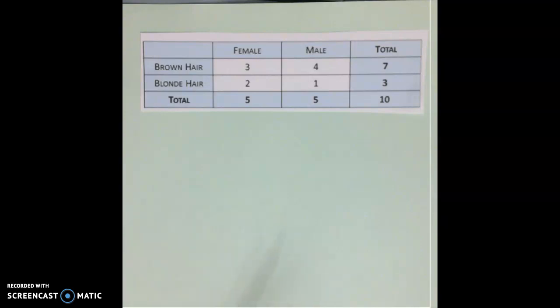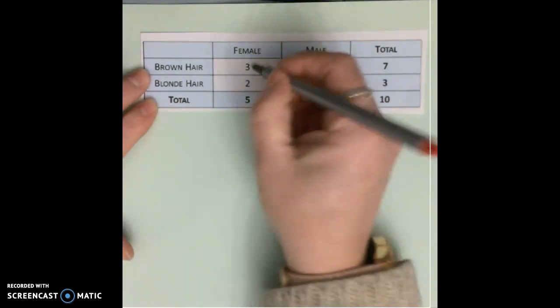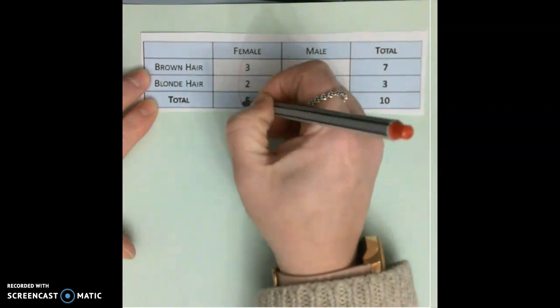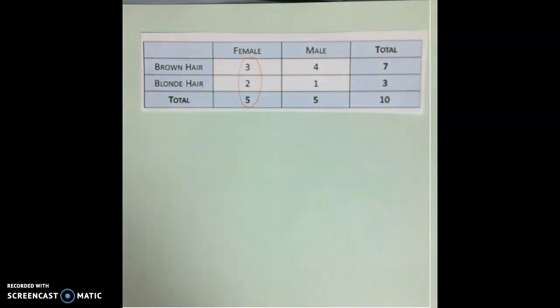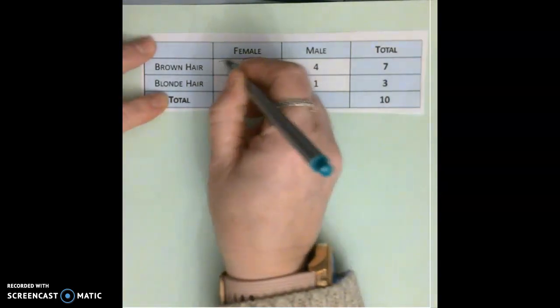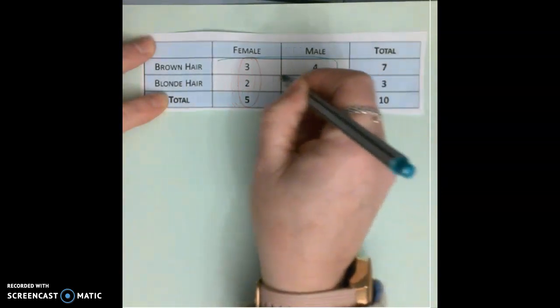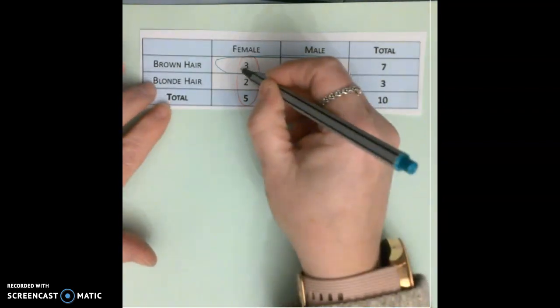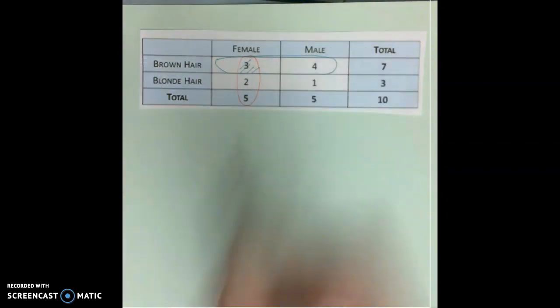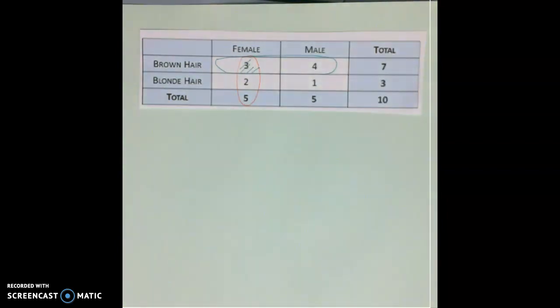So the easiest way to do this is to highlight all the females and then highlight all the brown hair. And where they intersect is the number that you're interested in.